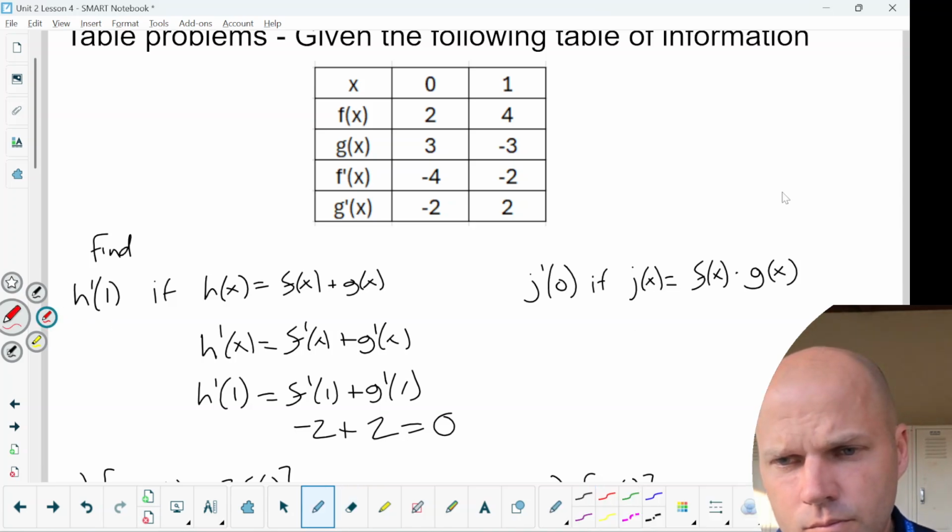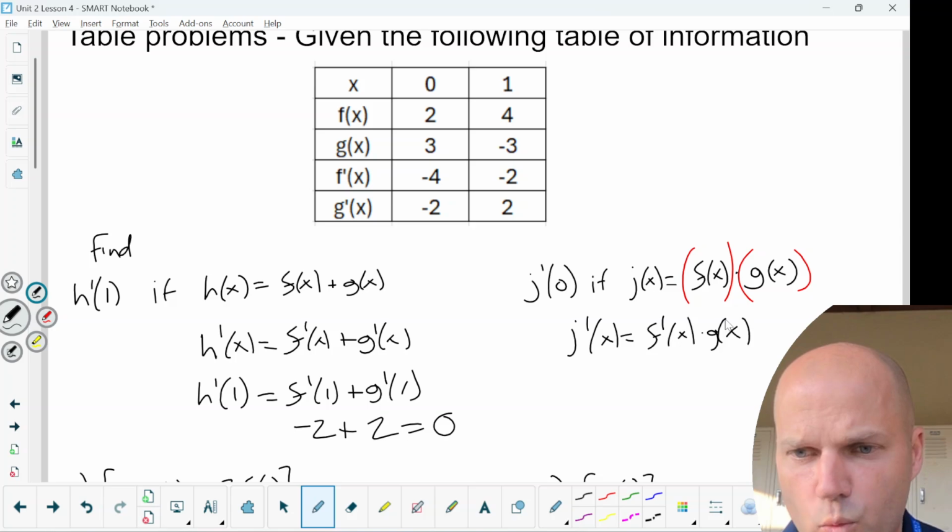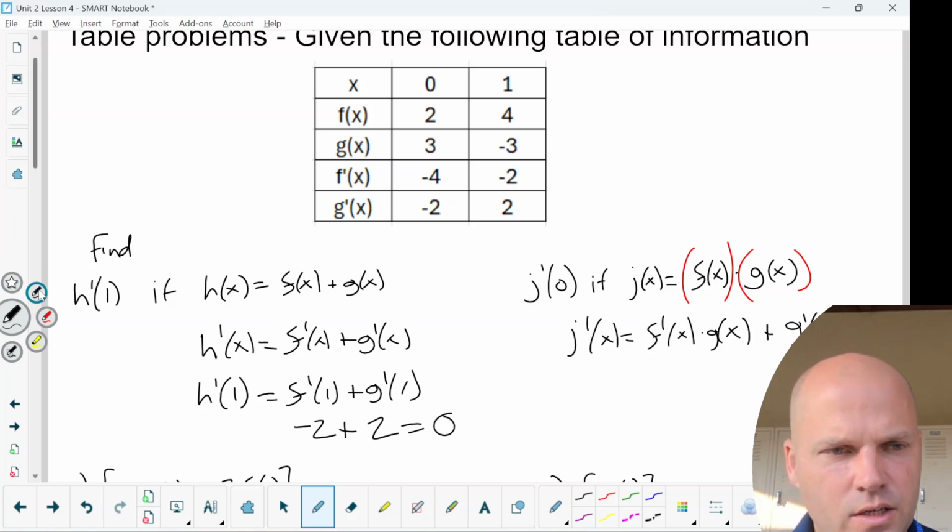You are wrong because it's a product. And if you have a product, you have to use the product rule. So j slopes are actually equal to f's slopes at x times g's y values at x plus g's slopes at x times f's y values at x, which means it's a lot more involved than we originally thought.